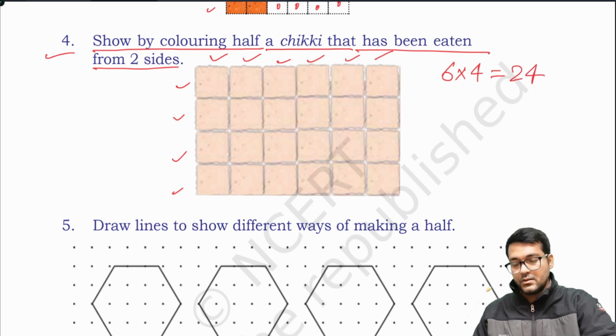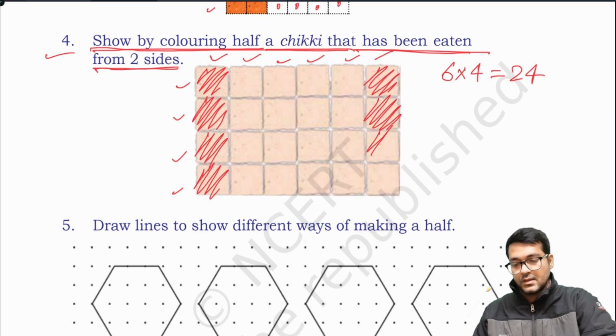You have to color the parts that are remaining, removing the chikki from both sides. 1, 2, 3, 4, 5, 6, 7, 8, 9 and 10.